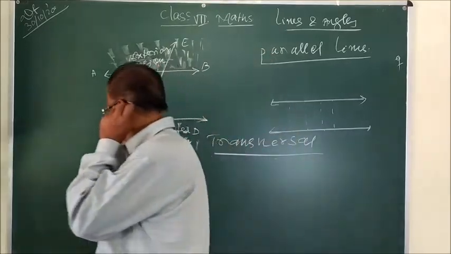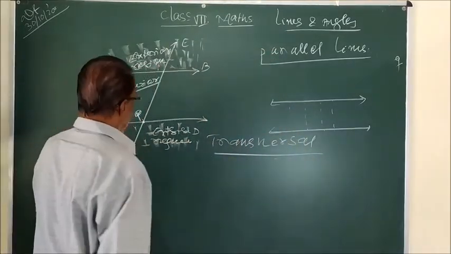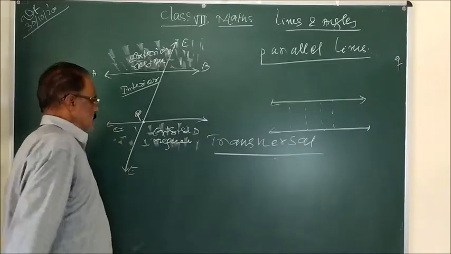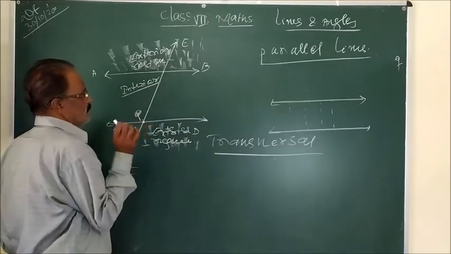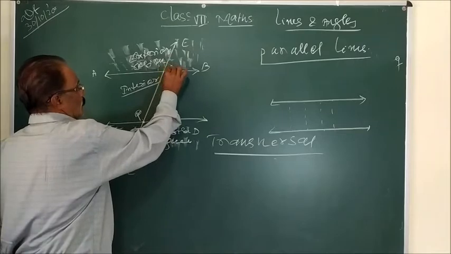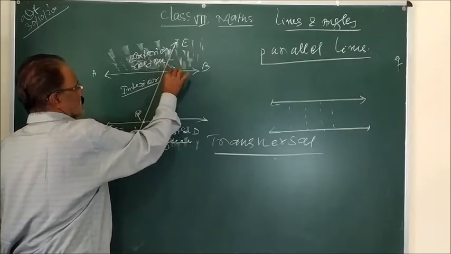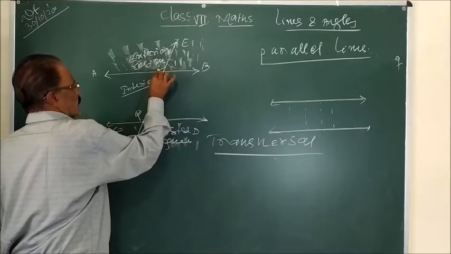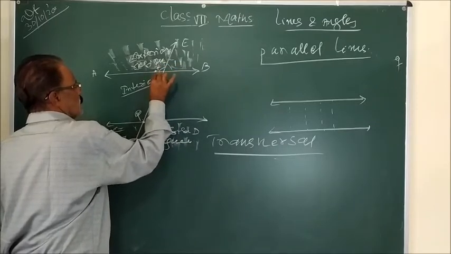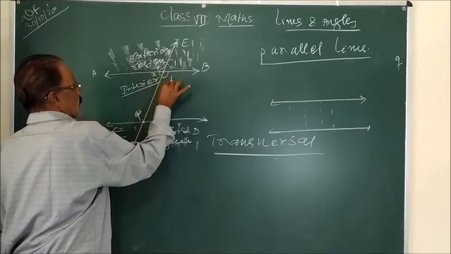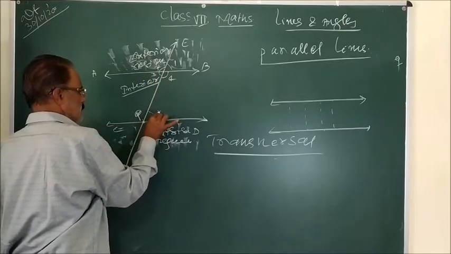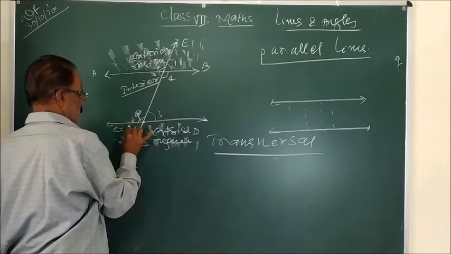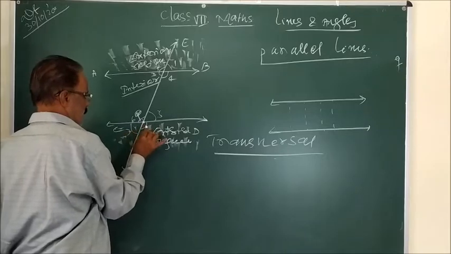Now you come to the angles. I name the angles so it will be easy to mention: angle 1, angle 2, angle 3, angle 4, angle 5, angle 6, angle 7, angle 8.